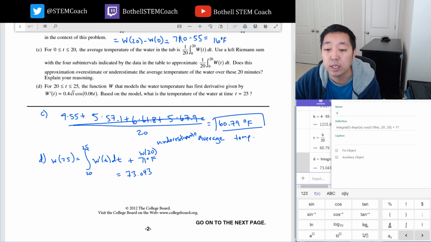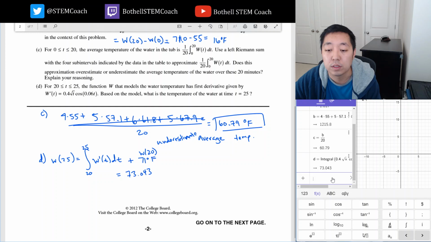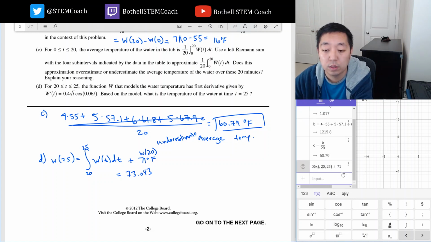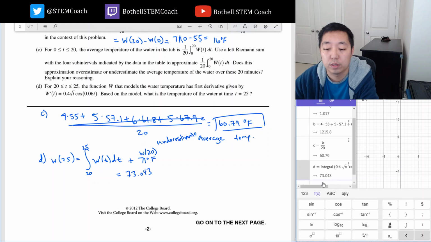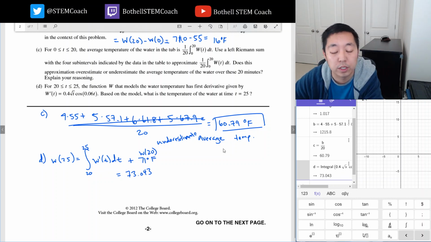Let's see, global settings. Oh, angle unit: radians. Okay, so let's do that one again. It must already assume radians.